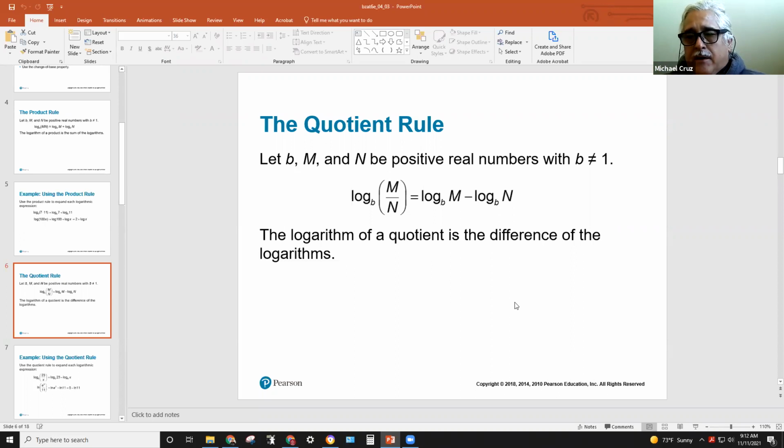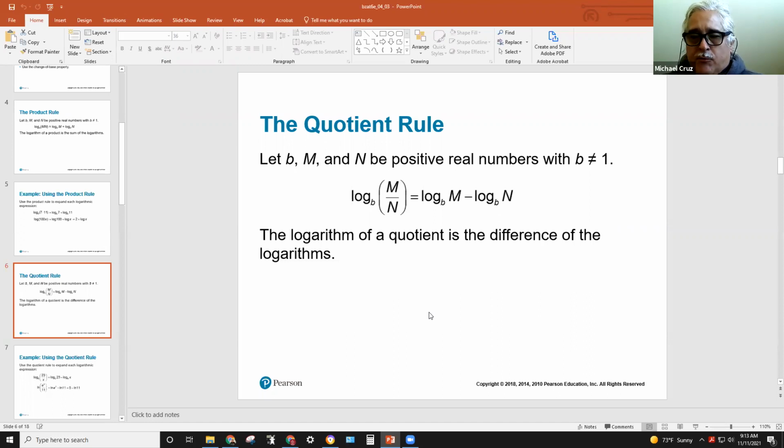The order is important. There's a difference between m over n and n over m. In other words, 6 divided by 3 is different from 3 divided by 6; you end up with a reciprocal when you change the order.